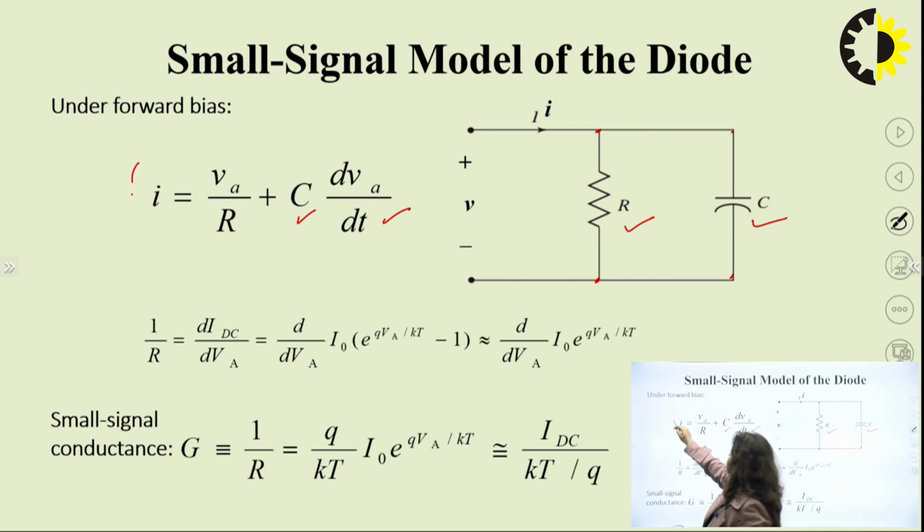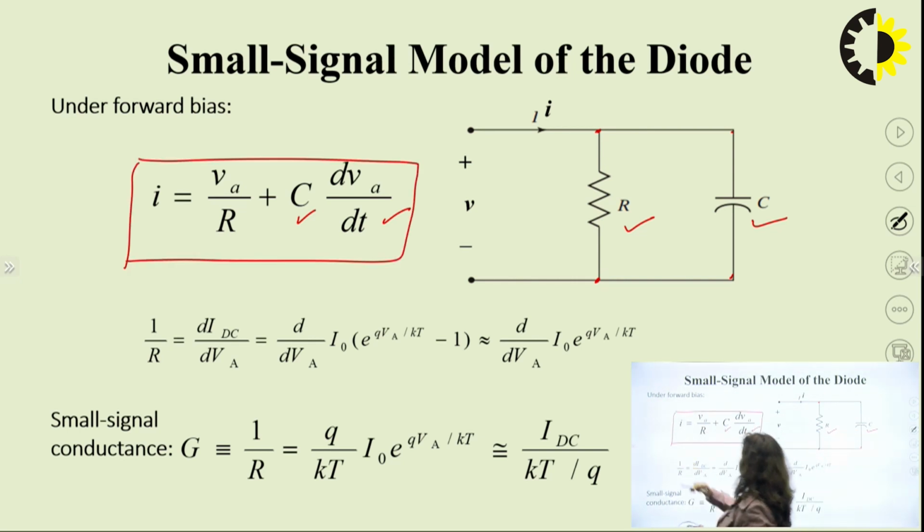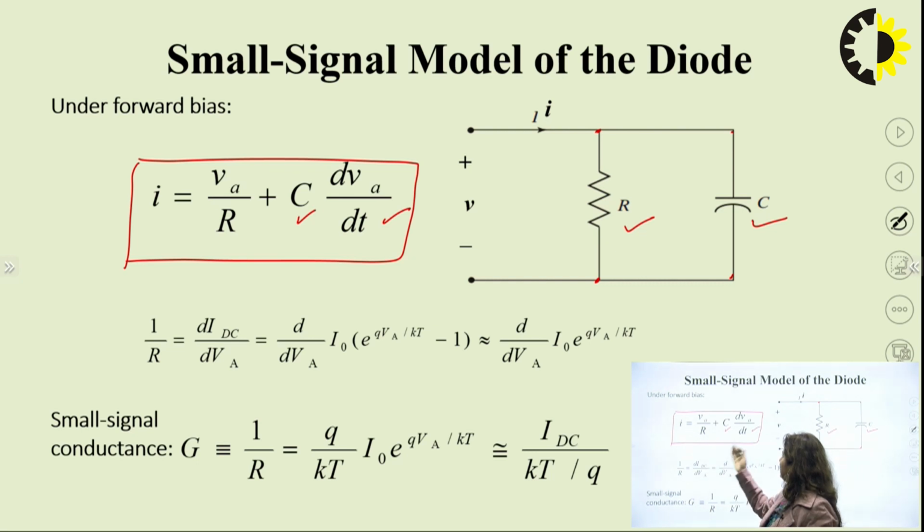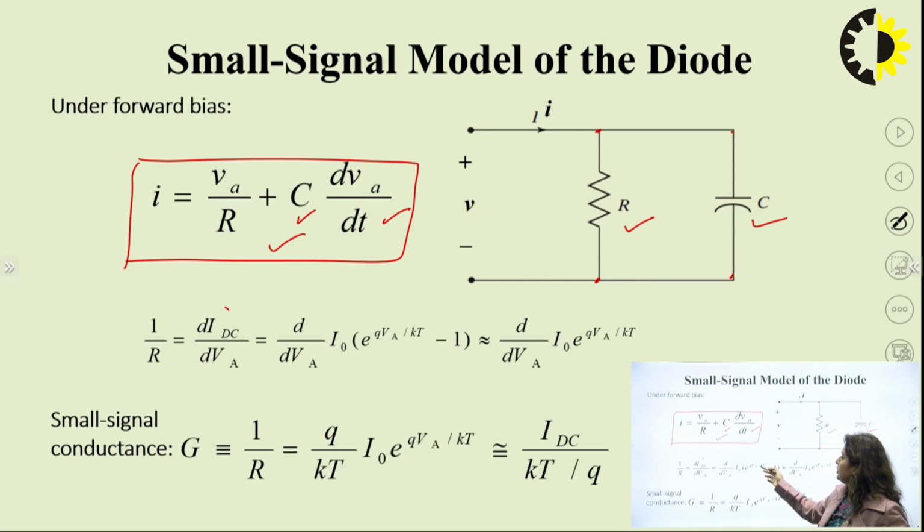So the total equation for the current becomes I equals VA by R plus C dVA upon dt. We can take the value of dI by dV with the help of the resistance. So 1 by R is equivalent to dI upon dV. We have calculated IDC from the diode current equation: IDC equals I naught times e to the power QVA upon KT minus 1. When you solve this, you get d upon dVA of I naught e to the power QVA upon KT.